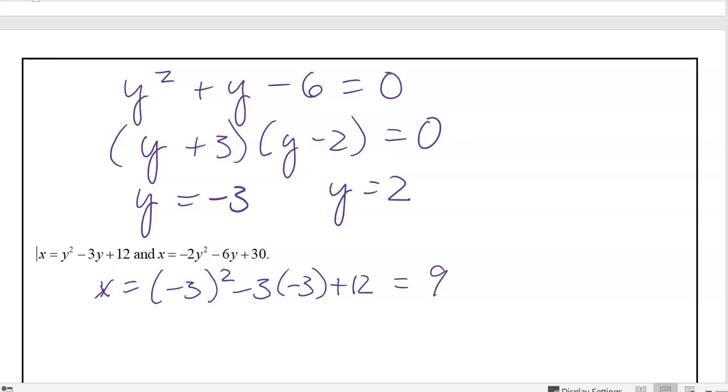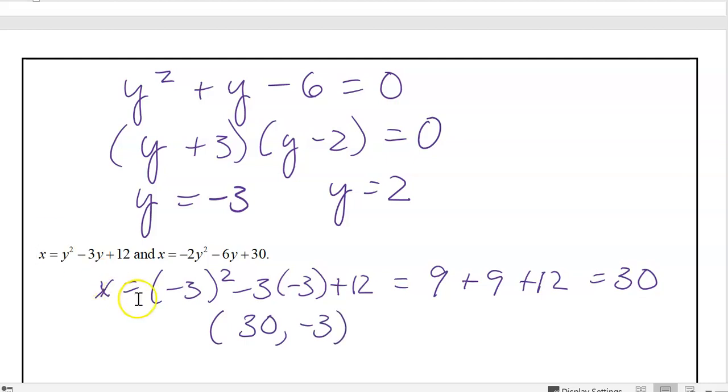This would give me 9 plus 9 plus 12. 9 plus 9 is 18, and 18 plus 12 would give me 30. This will give me the ordered pair (30, -3).